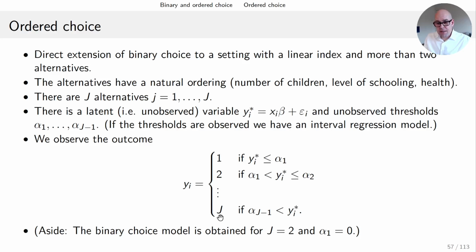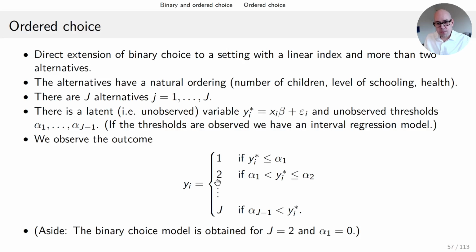Now, if these thresholds are observed or known, then I said we have an interval regression model. So let's say income is recorded not in terms of euros, but in terms of intervals. Let's think of income per year. Income per year is coded as a 1 if income per year is less than 20,000 euros.